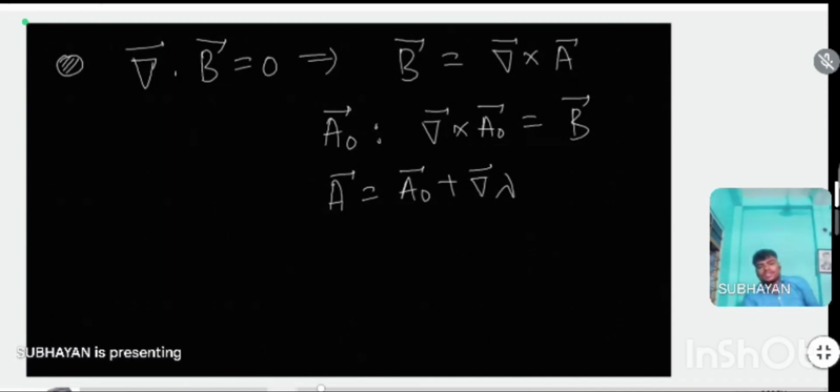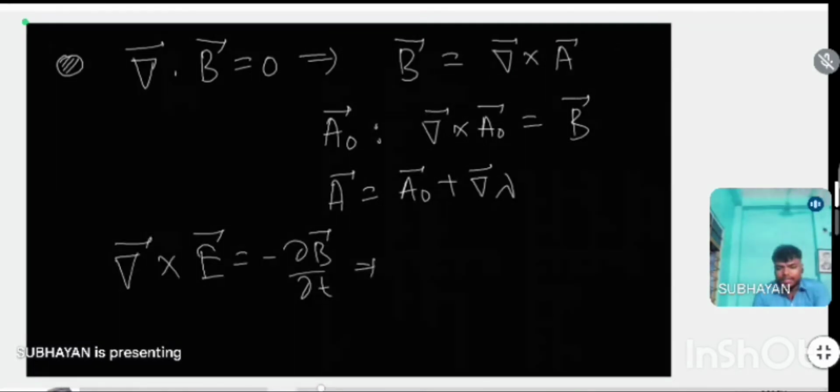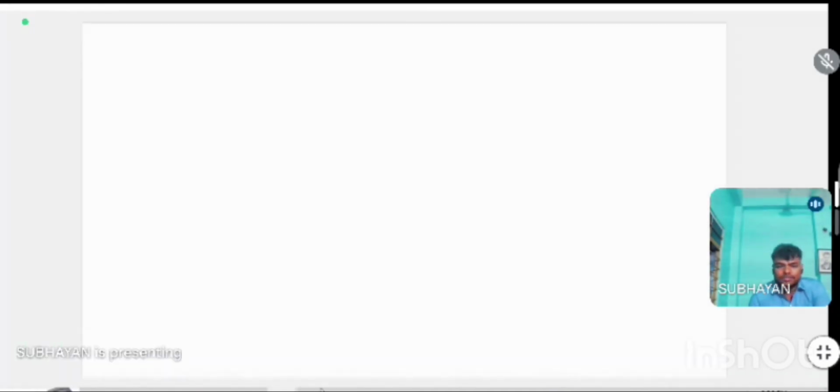Okay. Similarly, from the third Maxwell equation, curl E equals minus del B by del t. Okay. So here E equals minus grad phi minus del A by del t.